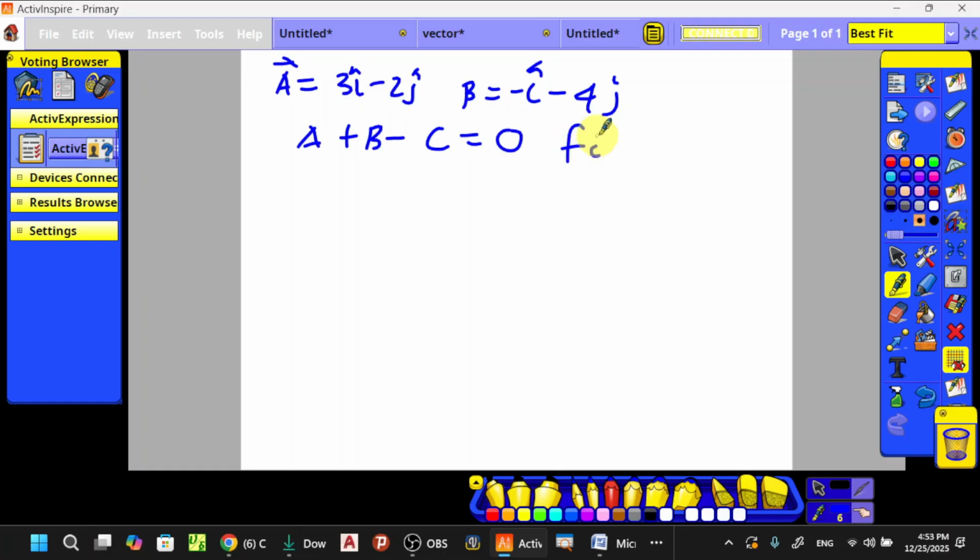Then find the unit vector in the direction of c.